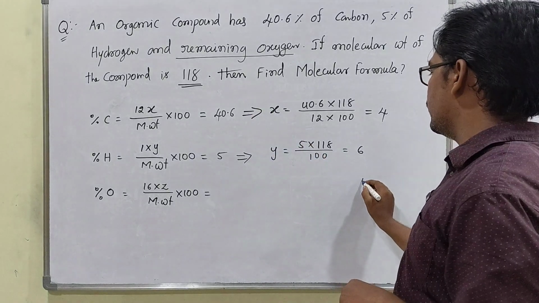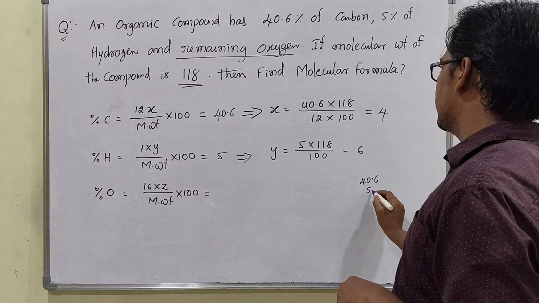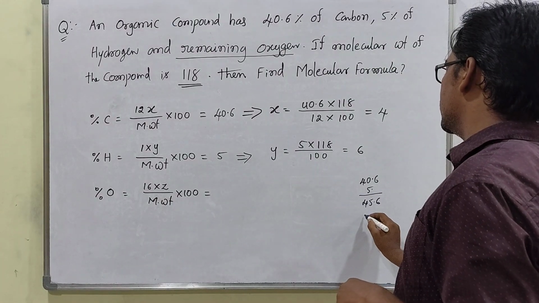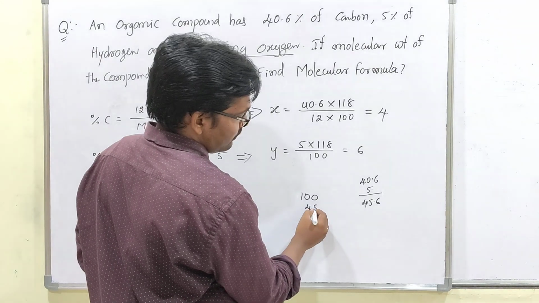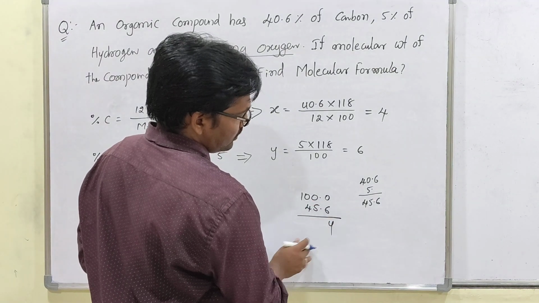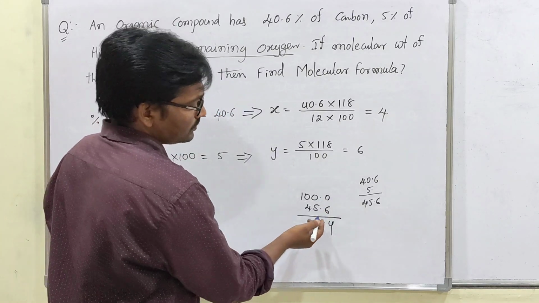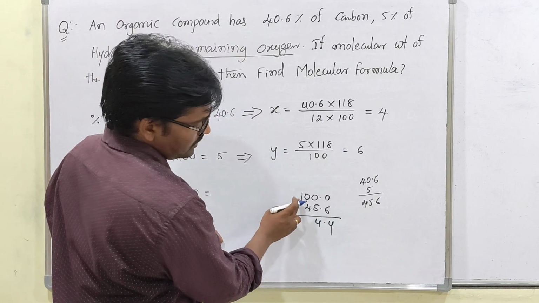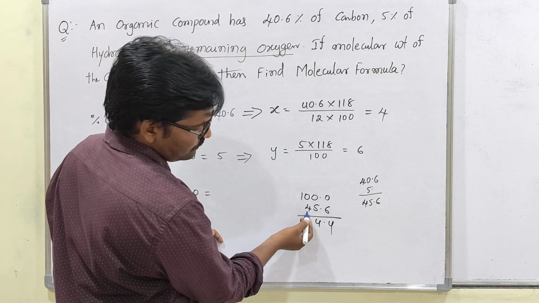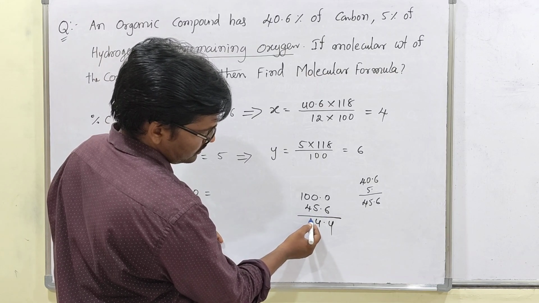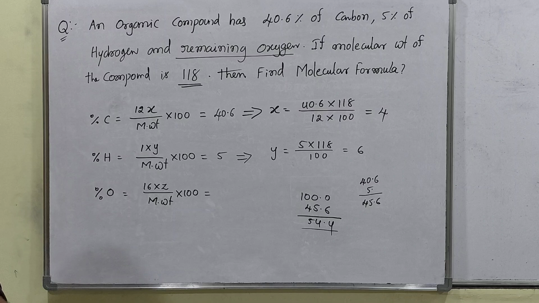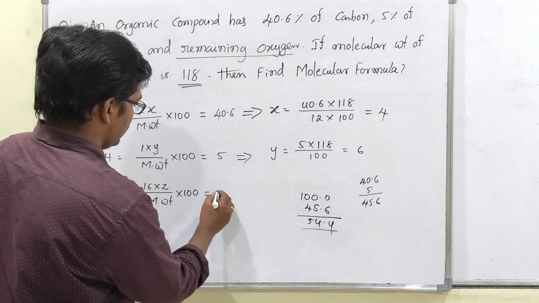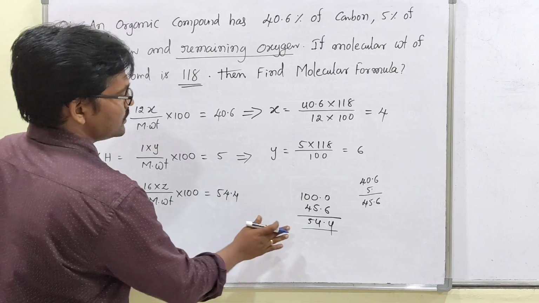You add both: 40.6 plus 5. What is it? 45.6. If we add these two, we have to subtract 45.6 from 100. That gives 54.4. So take 54.4%.